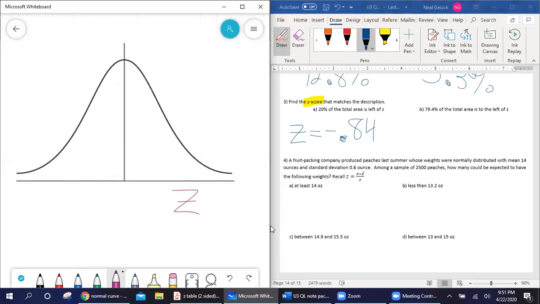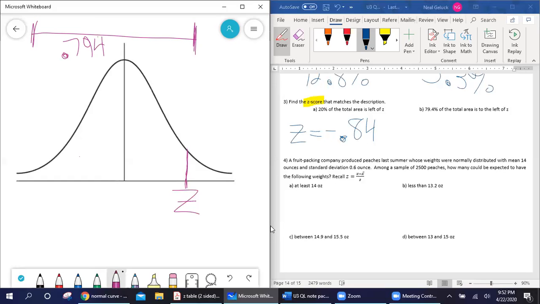So there's some mark where from that mark all the way over to the left is 79.4%. Or as a decimal, 0.794. Again, though, my z-score table only gives me areas to the middle, not all the way across.